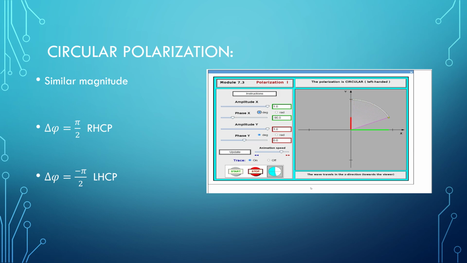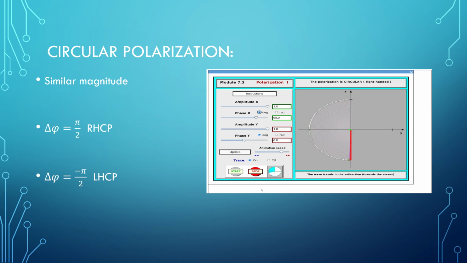hand circular polarization, because when you curl your fingers along the direction of the polarization, your thumb should point towards you, and when you use your right hand, this case is valid. The other case is when the direction of the polarization is going clockwise.